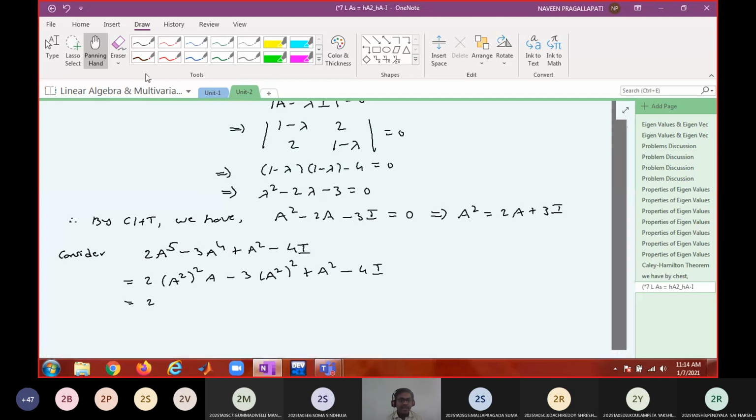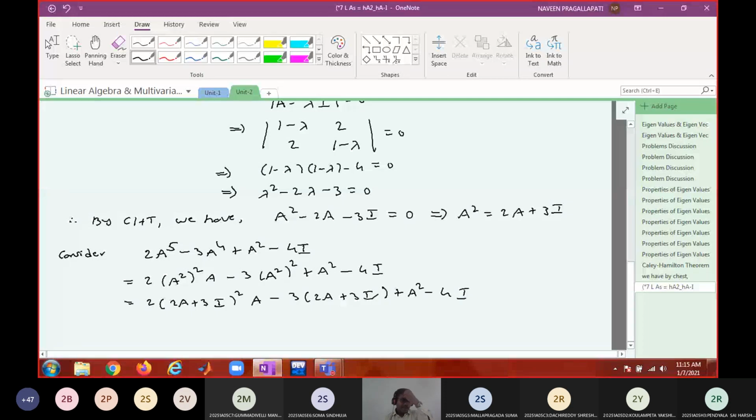So 2(2A plus 3I) squared into A minus 3(2A plus 3I) squared... 2I plus A squared minus 4A. Simplify it and further simplify.